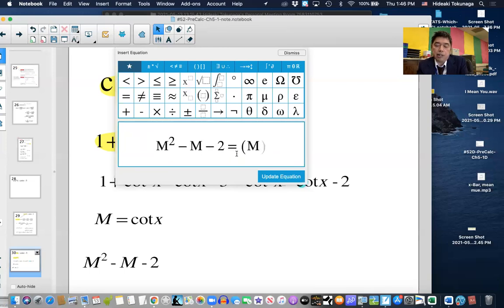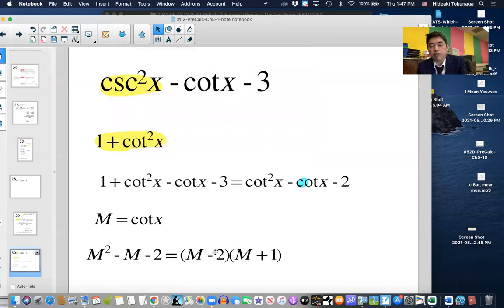The difference is -1, and the multiplication is -2. So M minus 2 and M plus 1.